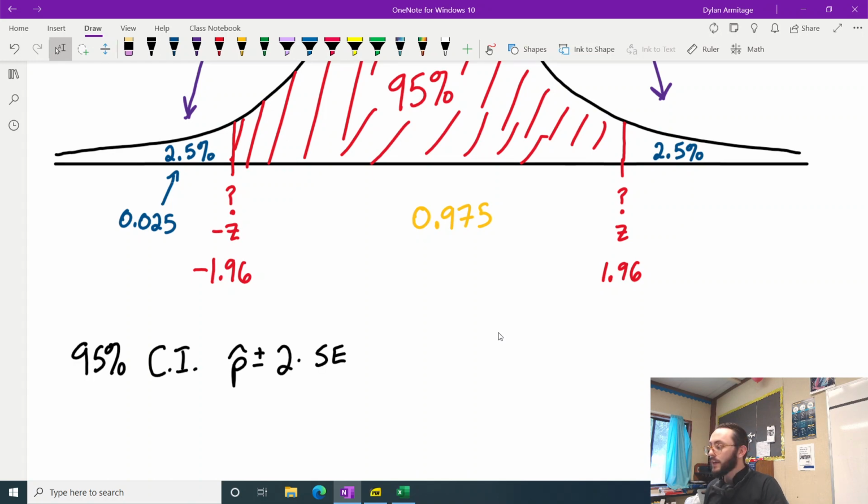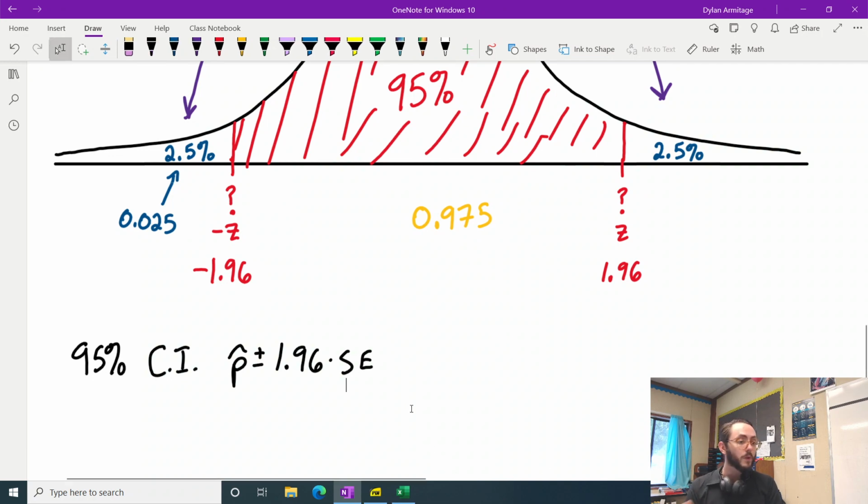It's really plus or minus 1.96 times the standard error. That's why we were multiplying by 2 before. It's a simple number. It follows the 68, 95, 99.7% rule. But really, when we get down to it, the actual critical z value we need is 1.96 for a 95% confidence interval.